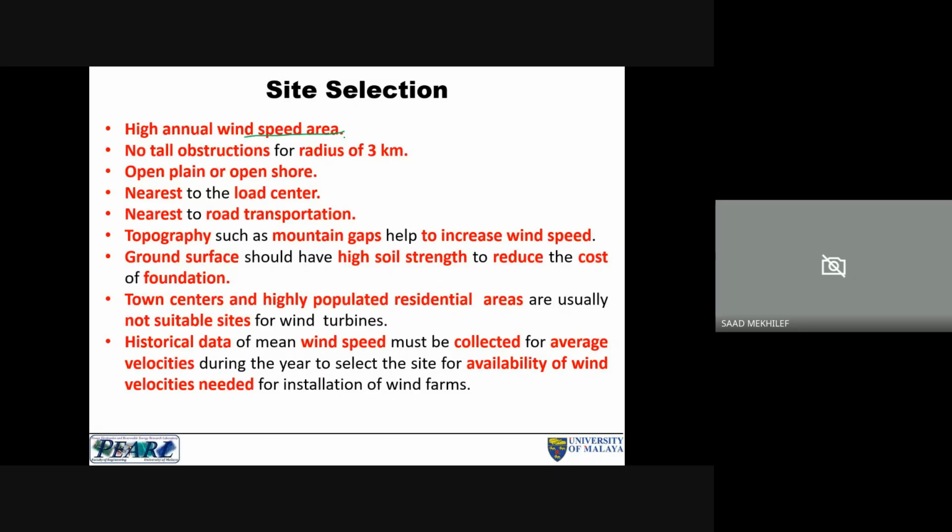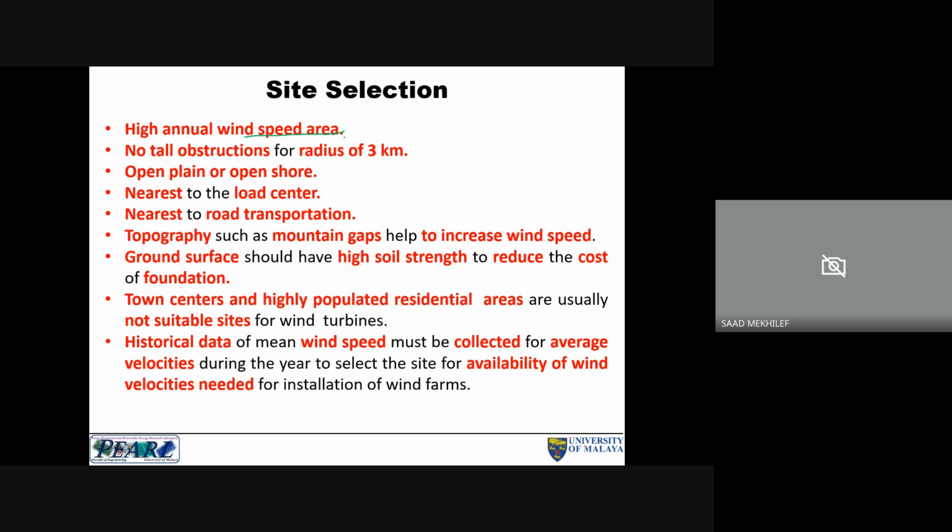If you ask what is the minimum wind speed that we should consider, that's actually a very important decision. Wind turbines have two limits, which we call the cut in and cut out speed.